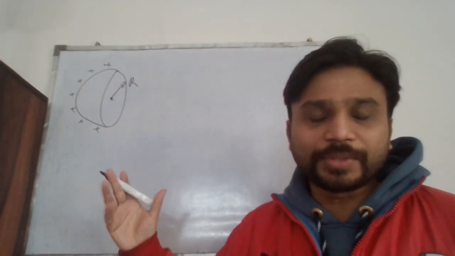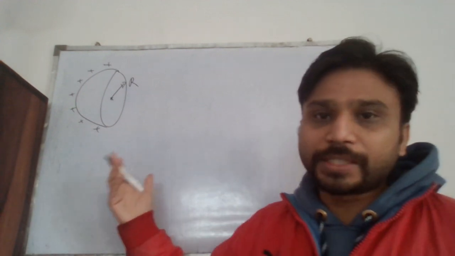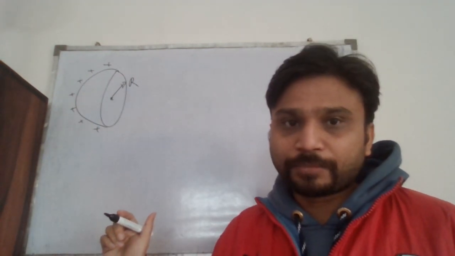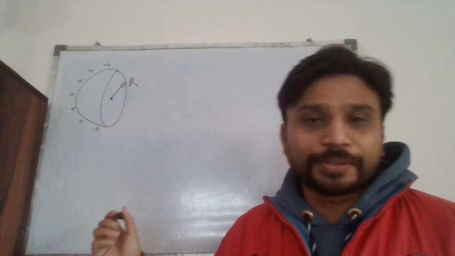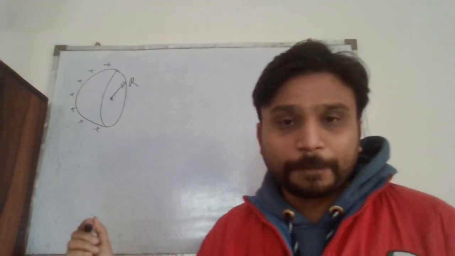So you can say this is something like a shell, or even a solid conductor, where charges are spread like this. And by that, we have an interesting discussion point.